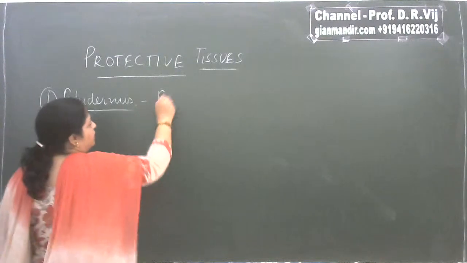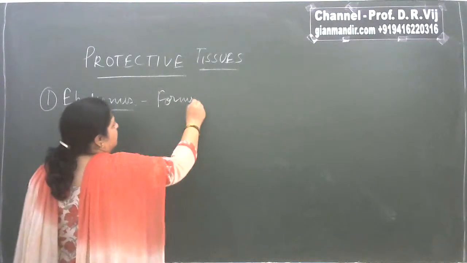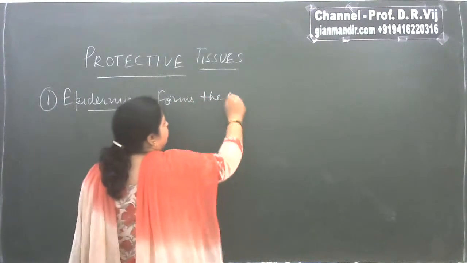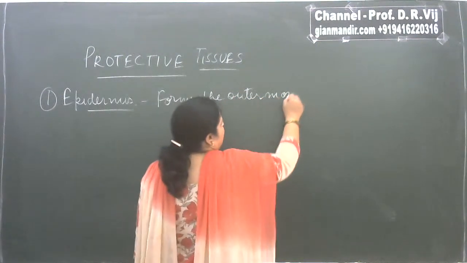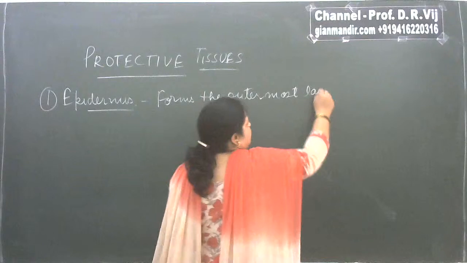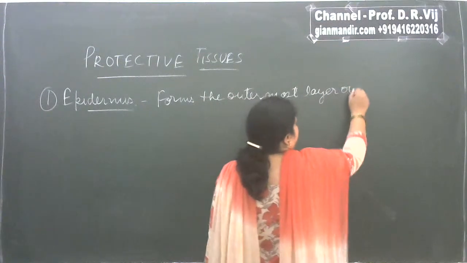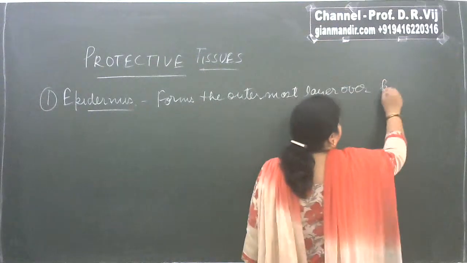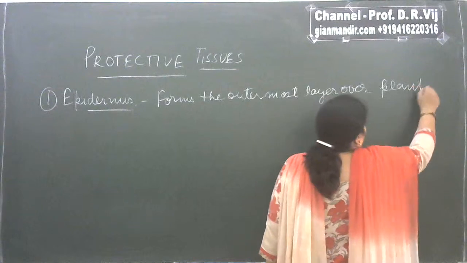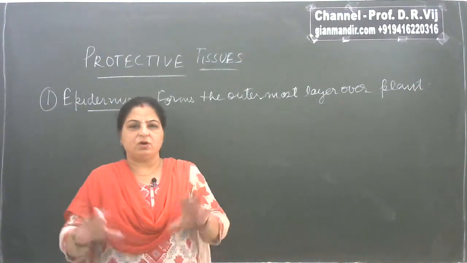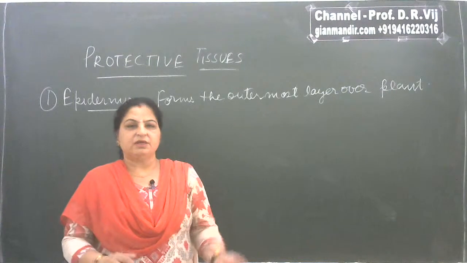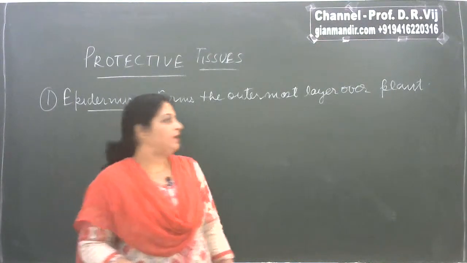Epidermis, you can say, forms the outermost layer over the plant. It forms an outermost covering over all aerial as well as underground parts of the plant.